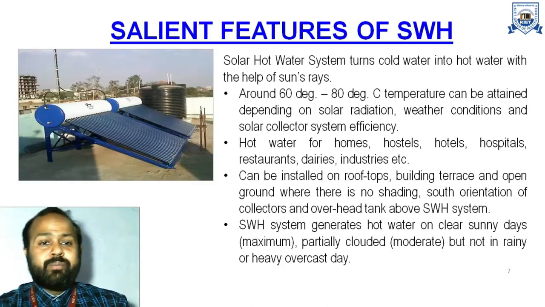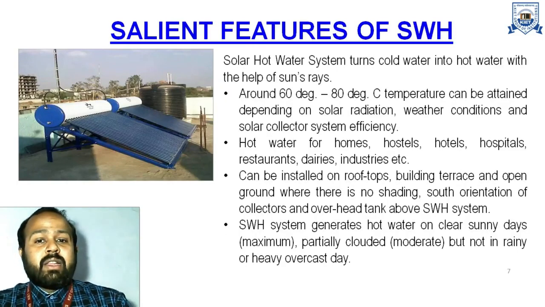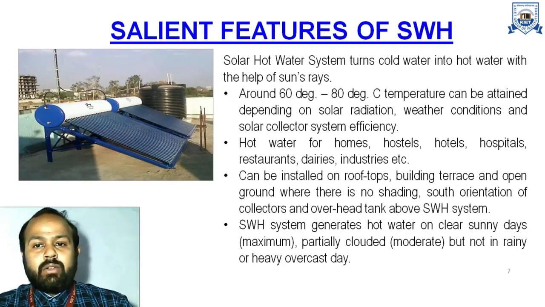Now we move on. What are the features of a solar water heater? Around 60 to 80 degrees centigrade can be attained, depending on solar radiation and weather conditions. We have to optimize the performance according to the selection of the solar collector system and its efficiency.